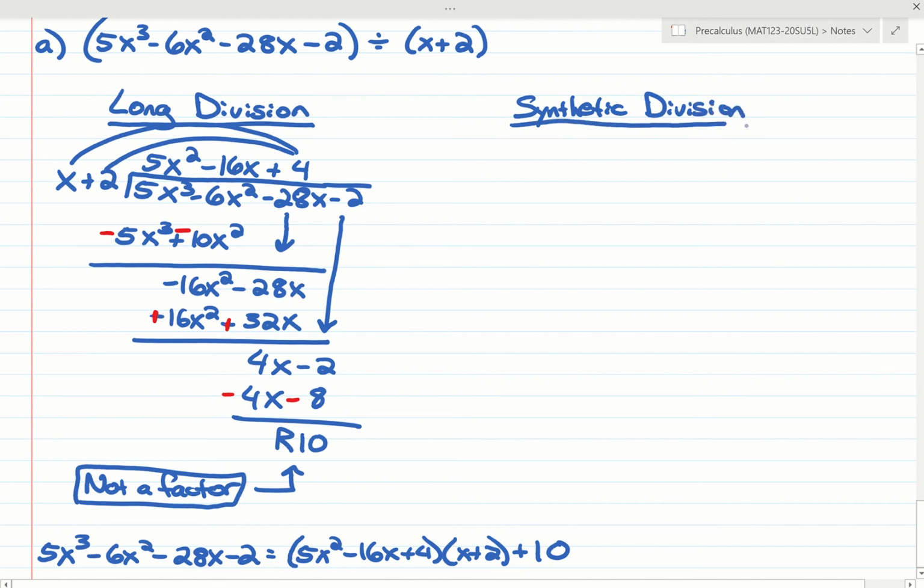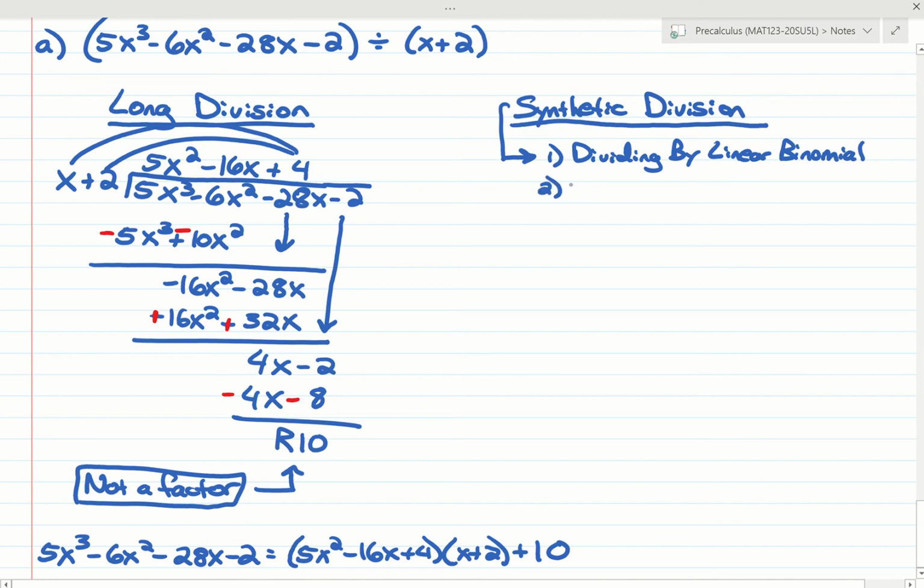Now, in order to do synthetic division, we have some requirements. It's a little shorter than long division, but we do have some requirements. First requirement is we have to be dividing by a linear binomial, meaning two terms, the highest power of x is 1.